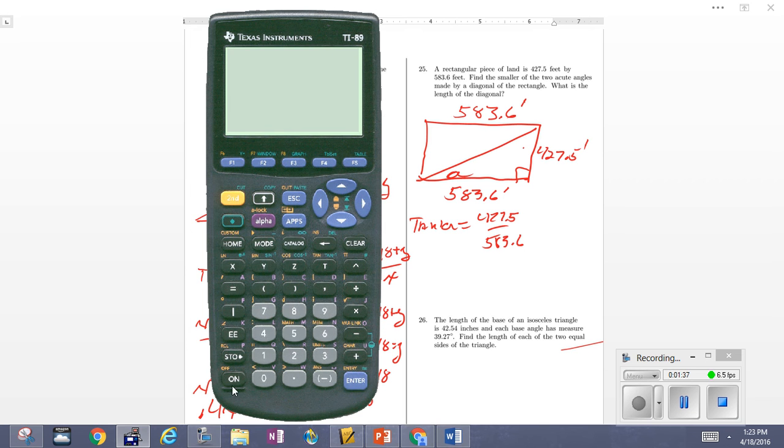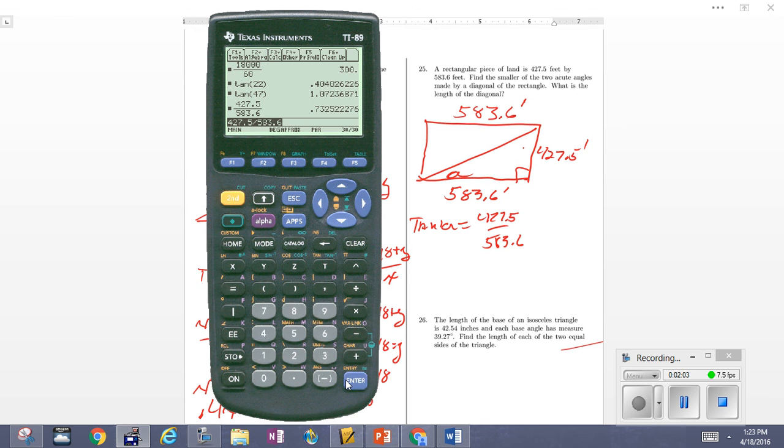What I'm first going to do is just find that decimal value. That decimal value, 427.5 divided by 583.6, is 0.7325.